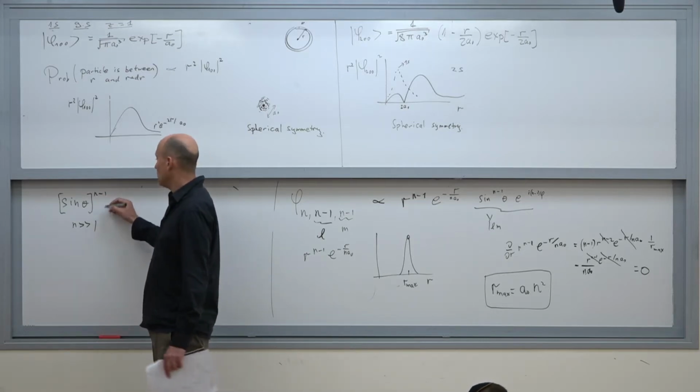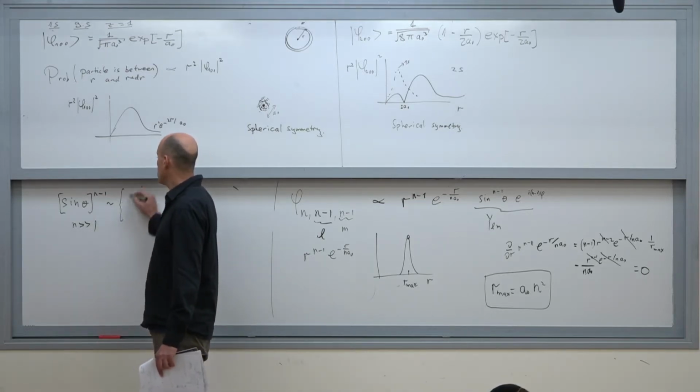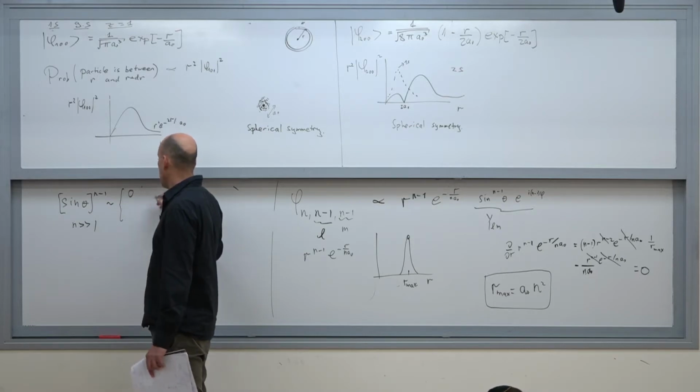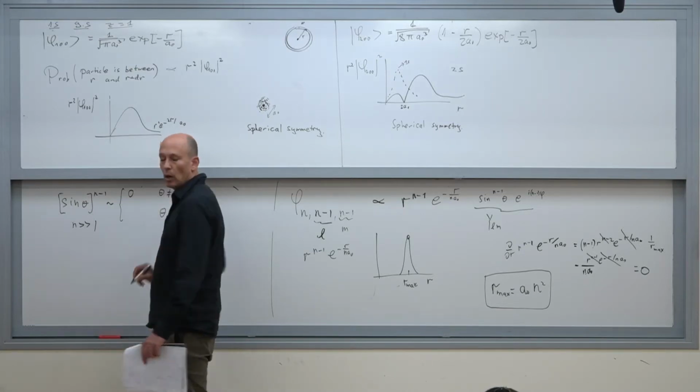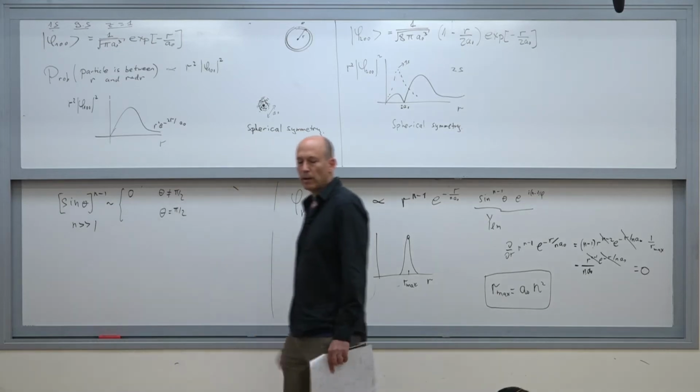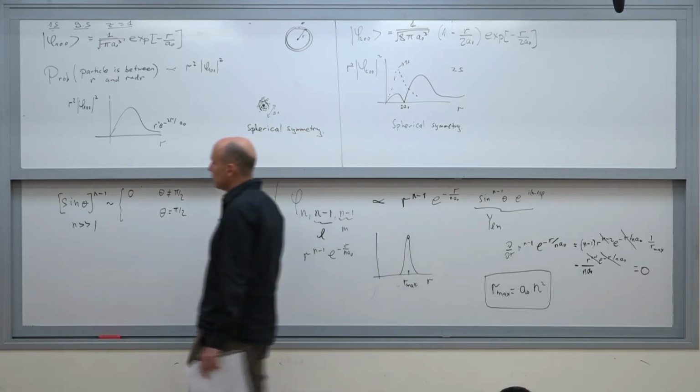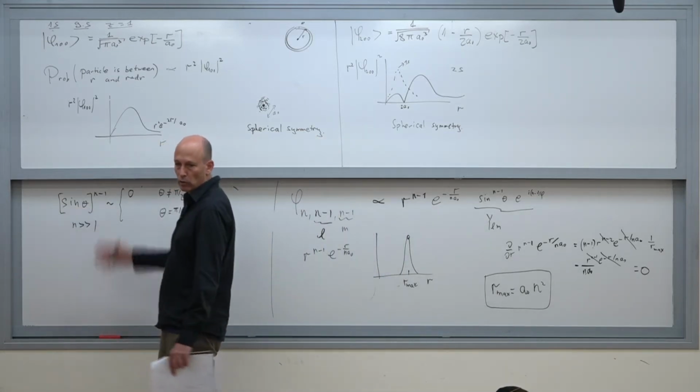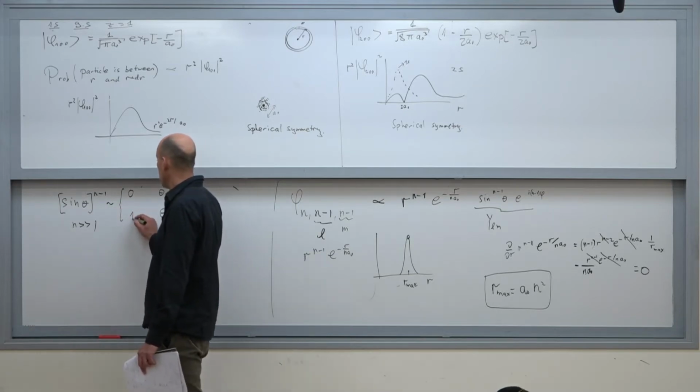What is that in the limit? That is 0 for theta not equal pi over 2. But if theta is pi over 2, and of course you can quantify this a little bit better than this, what is sine theta? 1. 1 to the power something big is 1.